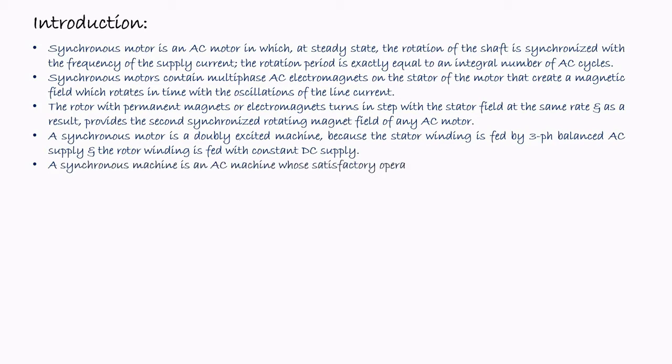A synchronous machine is an AC machine whose satisfactory operation depends upon the maintenance of the following relationship. That is, Ns is equal to 120 F upon P, or F is equal to P into Ns upon 120.